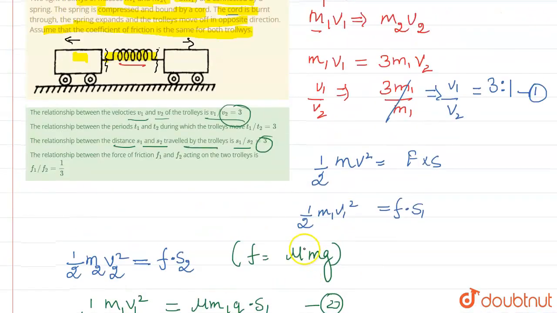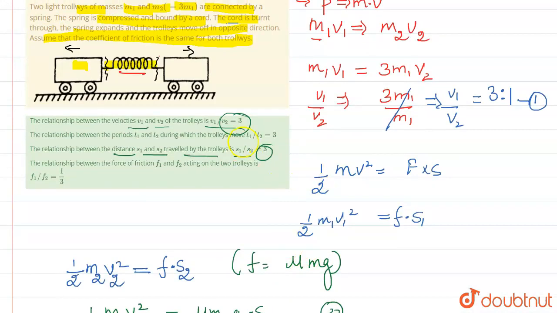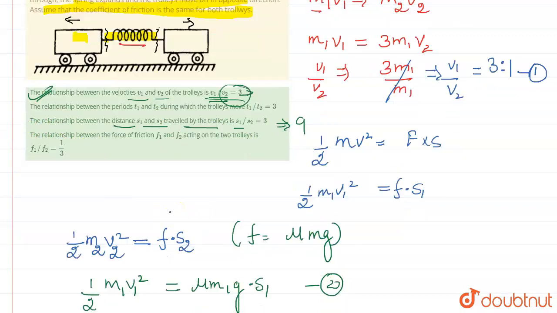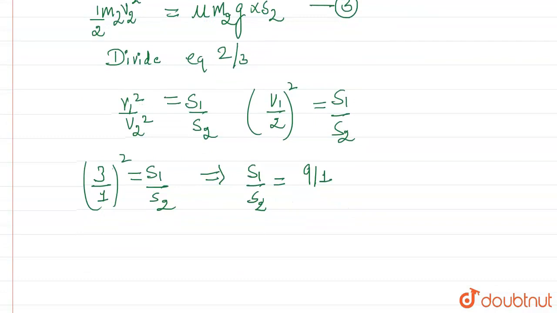So the ratio of s1 and s2 is 9 actually, but the ratio of v1 and v2 is 3. So the correct option is that the ratio of v1 and v2 is 3. I hope you understand the concept clearly. Thank you.